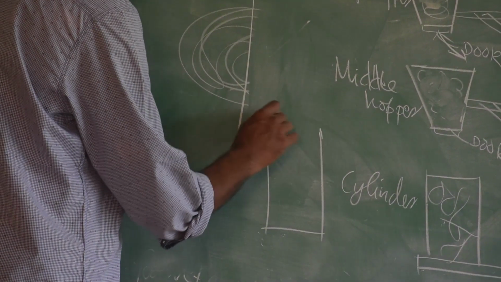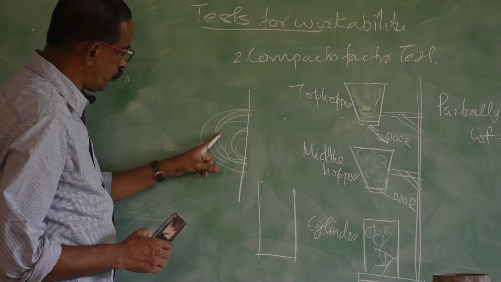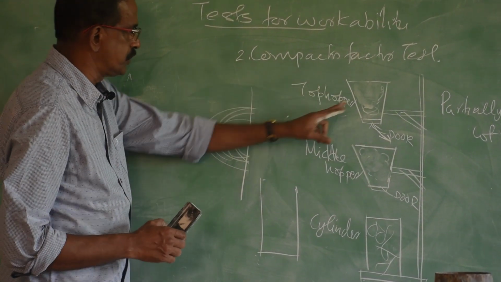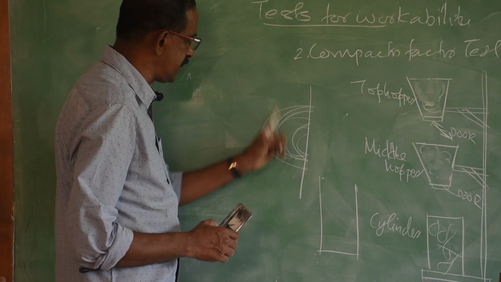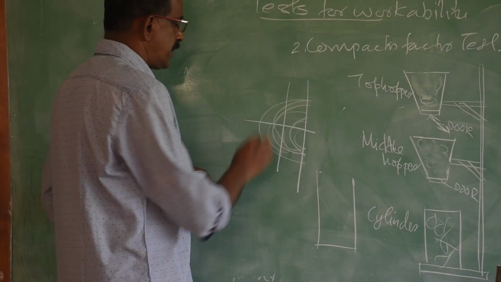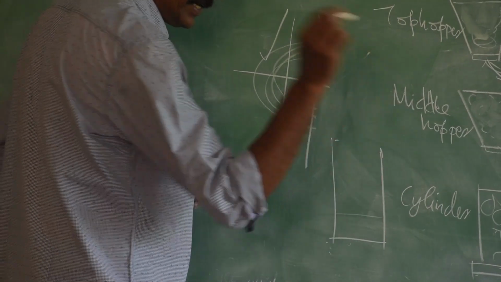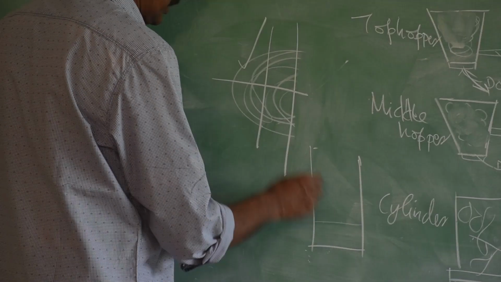Now, the empty cylinder. Initially, sufficient quantity of concrete was prepared, and only a portion was taken to fill the top hopper; the remaining is there. Divide that into 4 and take one portion and fill it in the same way as we did in the slump test.